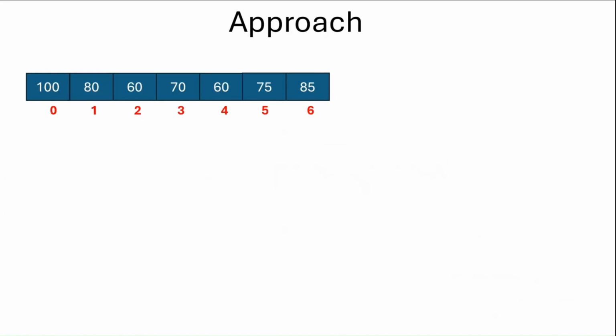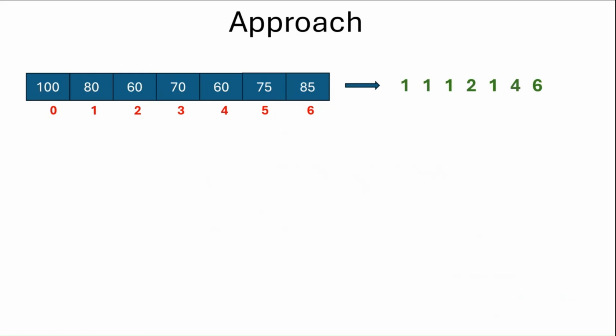Let's understand the approach to solve this problem. This is the input which we saw in the previous slide, and this is the output, which is basically for each day the stock span based on the stock price on that day. Let's understand the simple approach first.